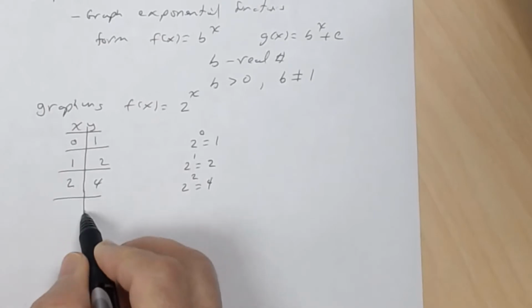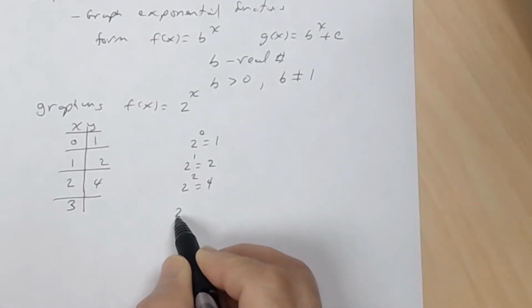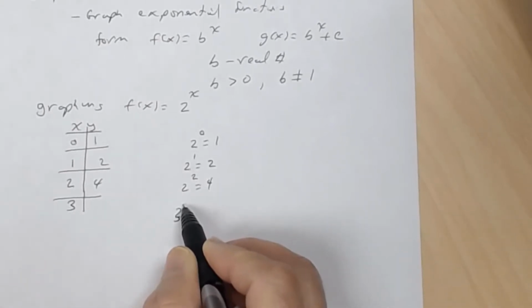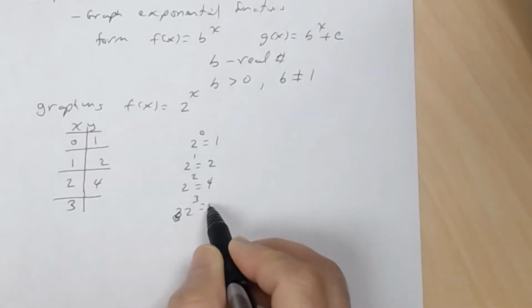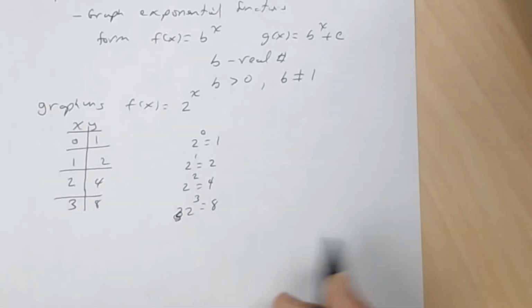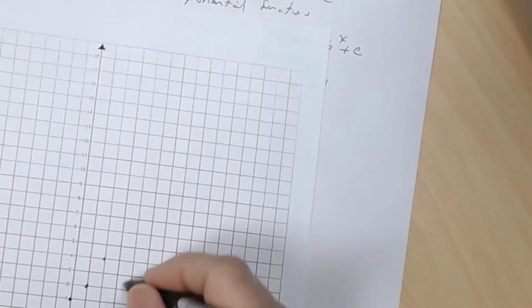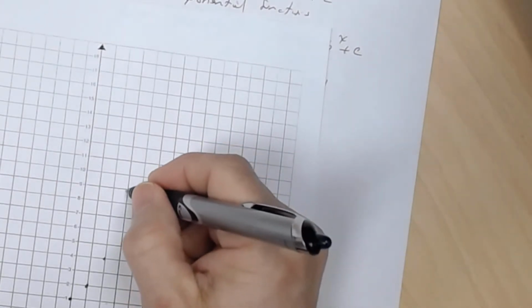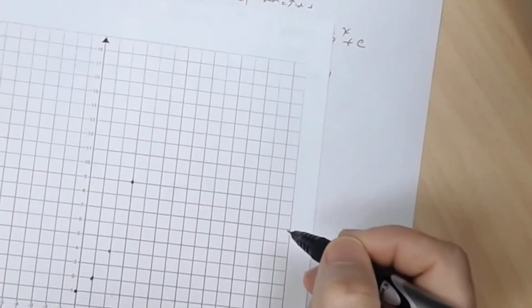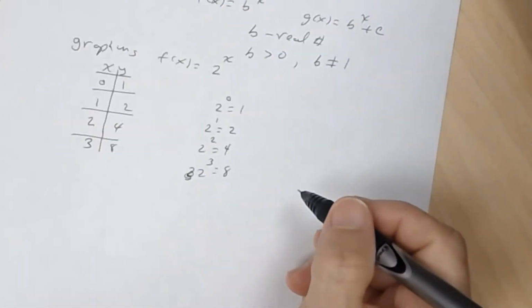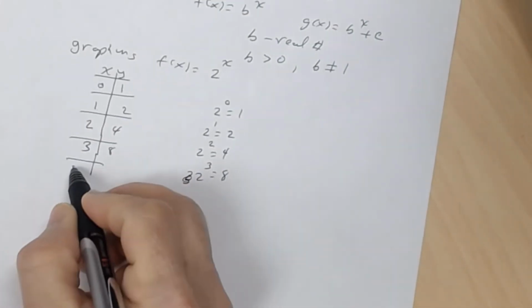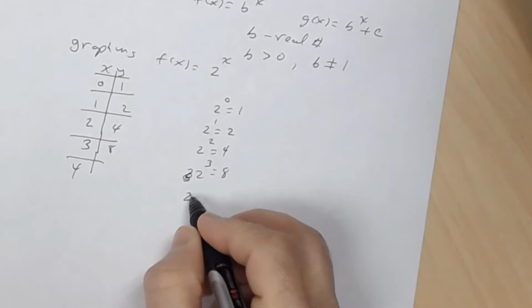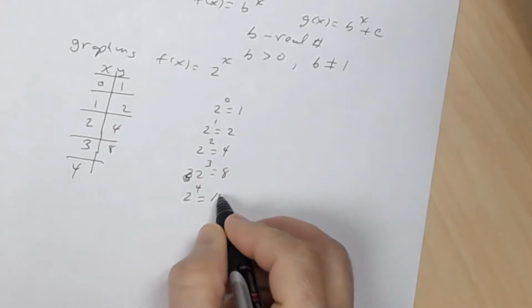If x is 3, I get 2 cubed, which is 8, right? So (3, 8) is here. Okay, just follow along for right now. If x is, let's say, 4, I get 2 to the 4th, which is 16.